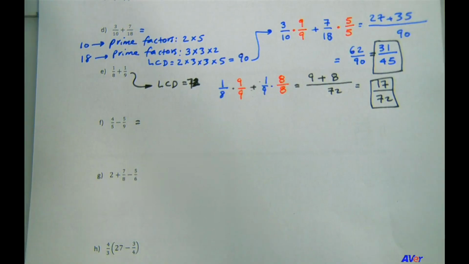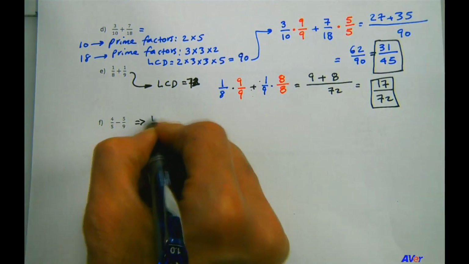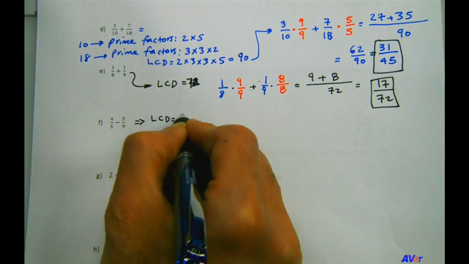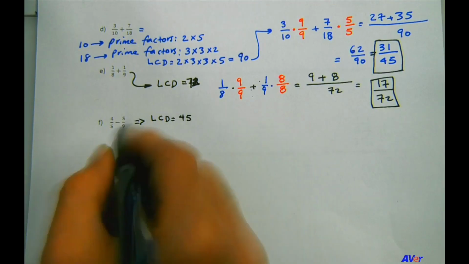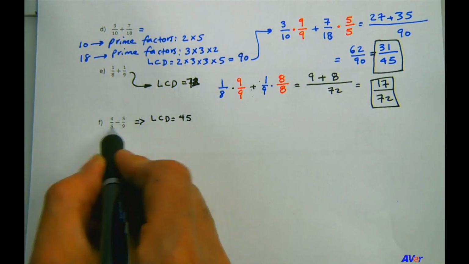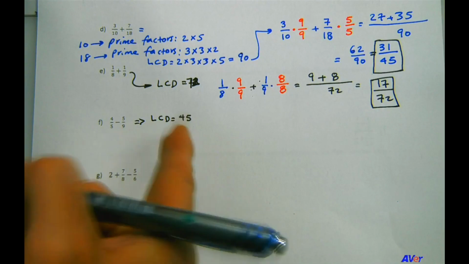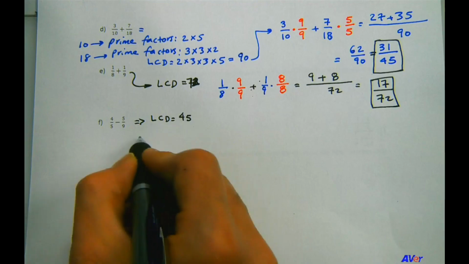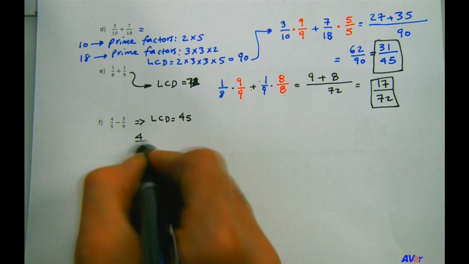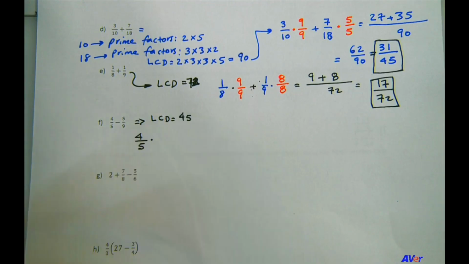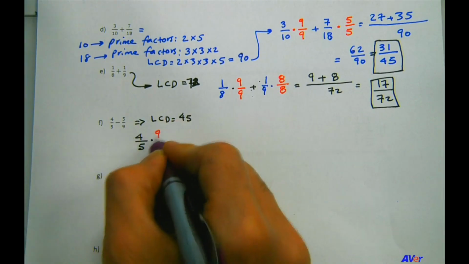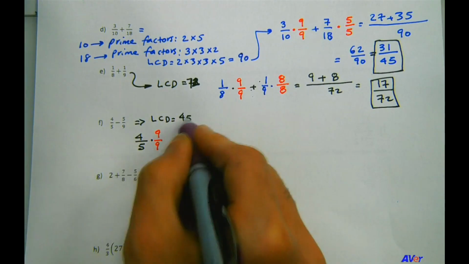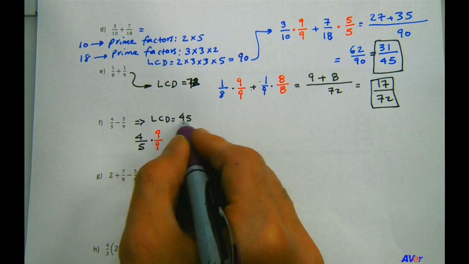So the LCD is 45. So that means each of these denominators, we need to get them to becoming 45. So the 4/5 has to be multiplied by 9/9 to give us the LCD, right?